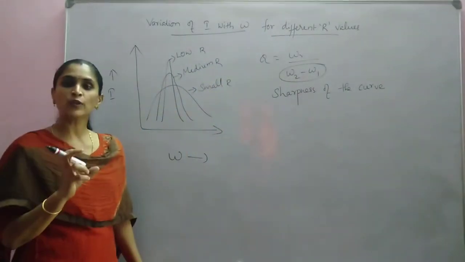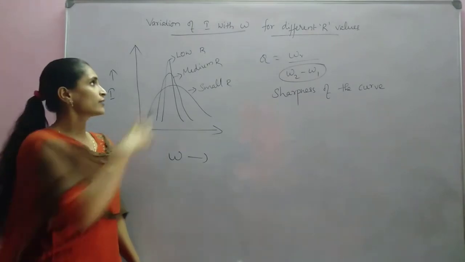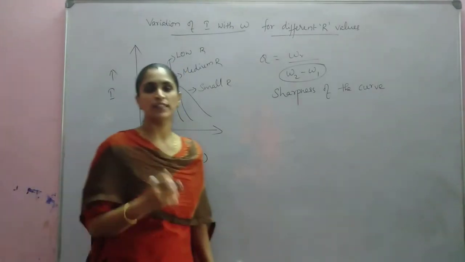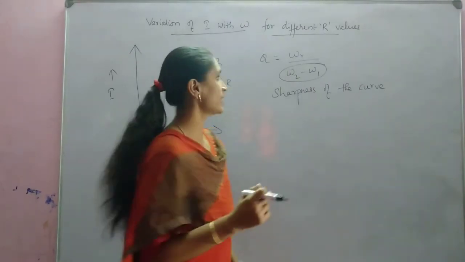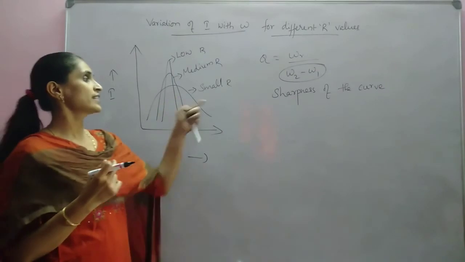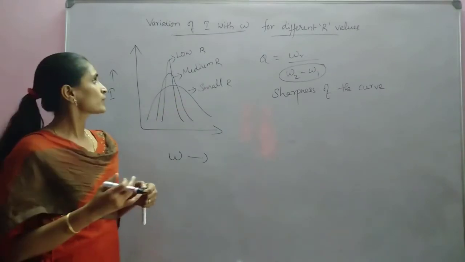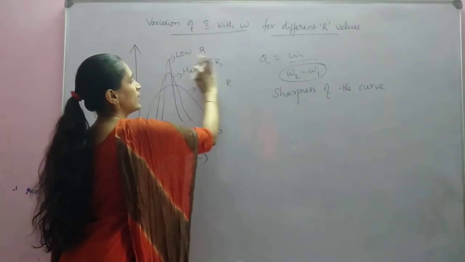If Q value is large, the curve will be sharp, and that will be for a lower value of resistance. If the resistance value is small, sharpness will be more, and if the resistance value is very high, here not small r, it is for large r.